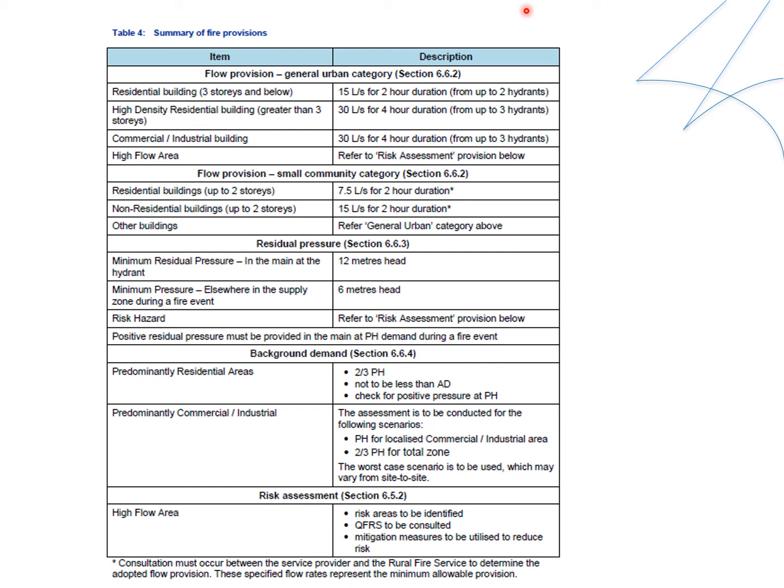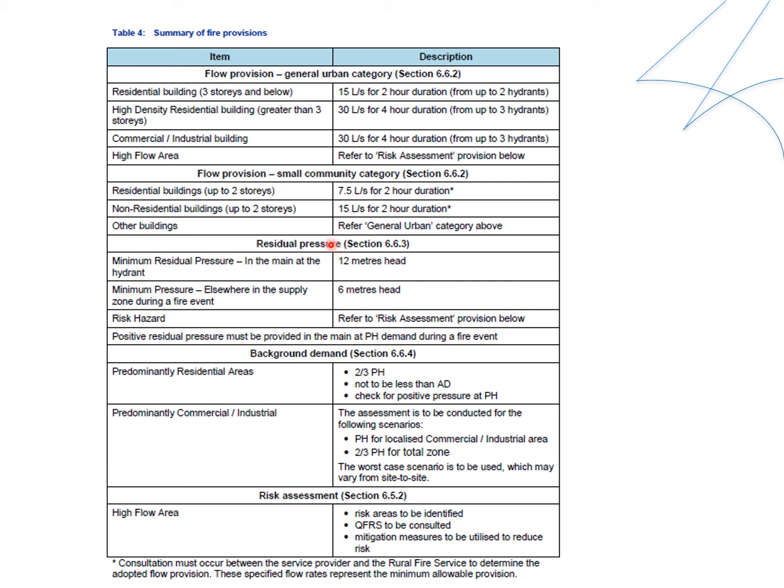Now, during the fire, we need to check the pressure. So we put the background demand and then we draw additional water for firefighting purposes. What was the impact of that? Because of the additional drawing of water from the system, there will be a loss of pressure. There will be a reduction of pressure everywhere in the system.